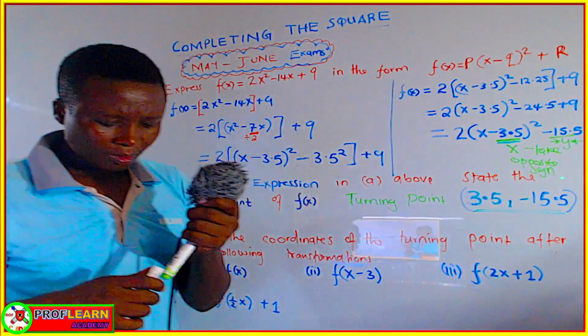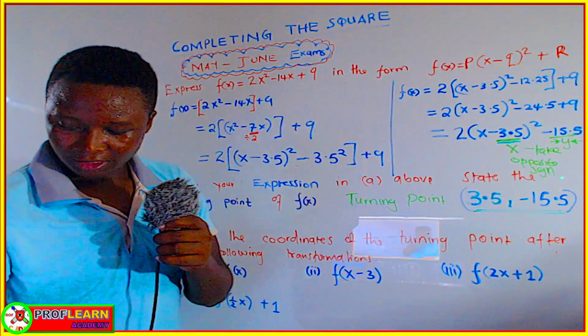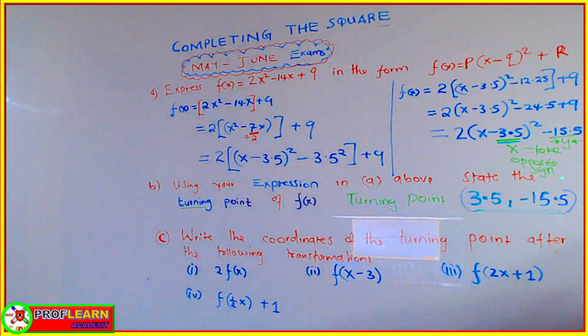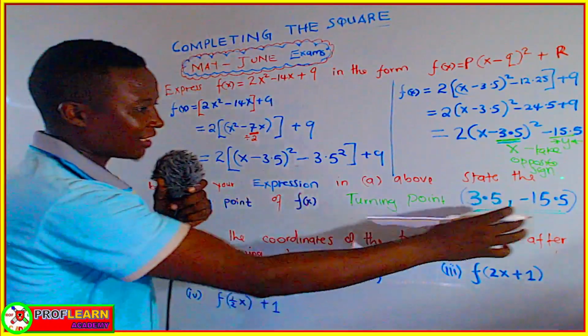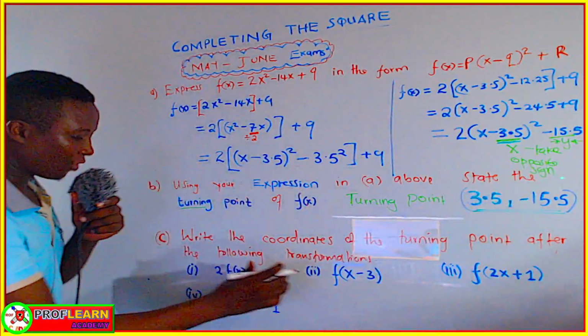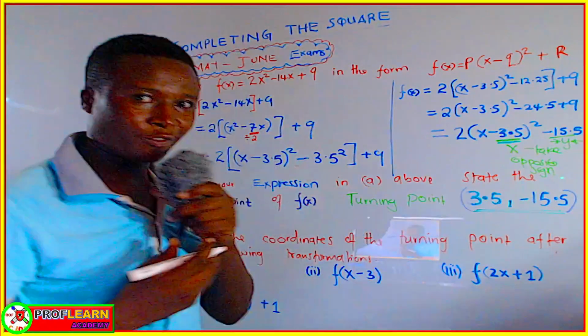Now, once you have answered this particular question, you can see down here we are supposed to write the coordinates of this turning point after the following transformations. So this is something that you need to be very careful about.